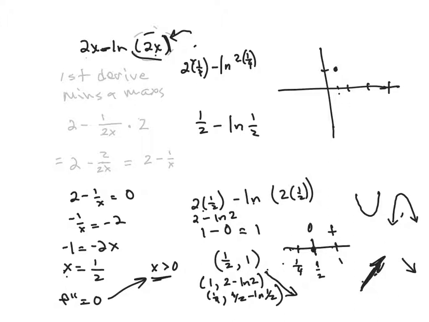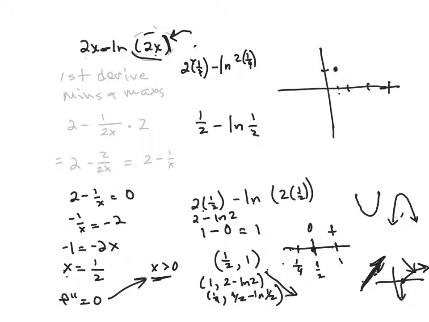Okay, so natural log of 1/2 is actually a negative number, because if you remember the graphs of log functions, if they don't have any transformations, they have a point at 1 comma 0, and then they look like this. So everything to the left of 1, between 0 and 1, is negative.